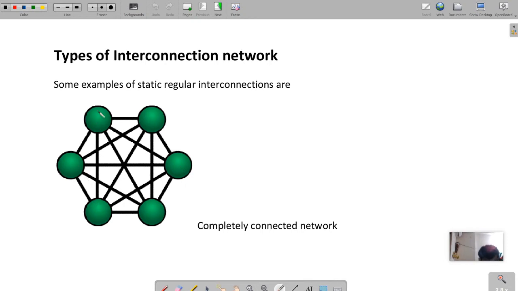Now in this interconnection structure, you can see that each processor is connected with one another. So in that sense, we can say that this is a completely connected network where each and every processor is connected with one another directly.